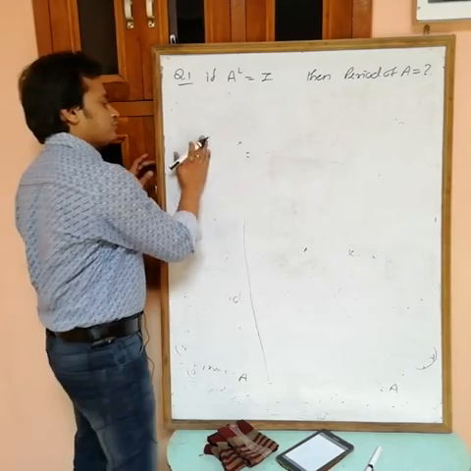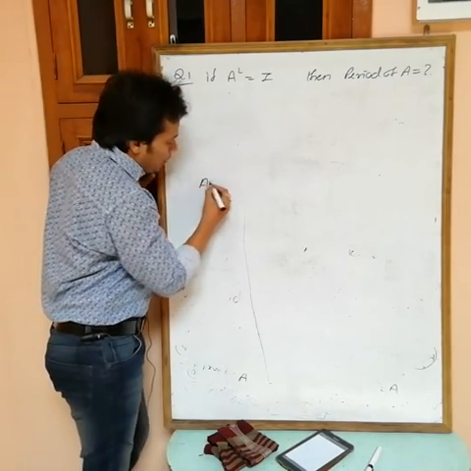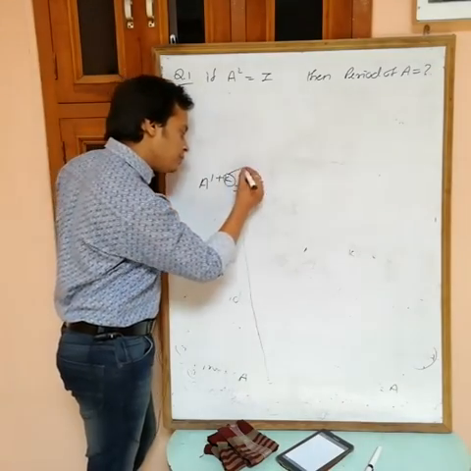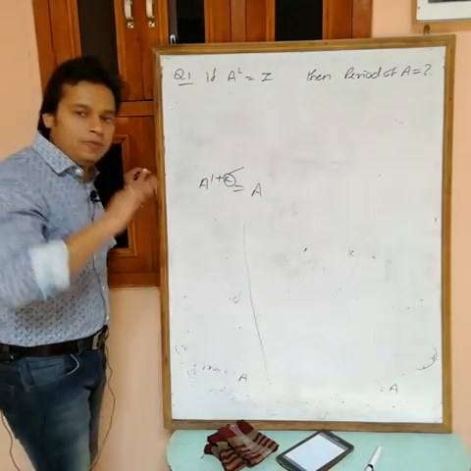See, if A power 1 plus k is equal to A, then k is the period, where k is the smallest possible positive integer, okay?